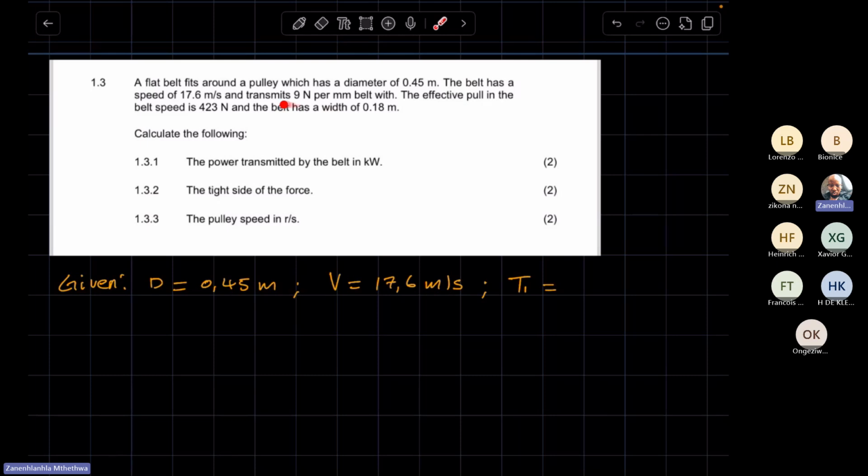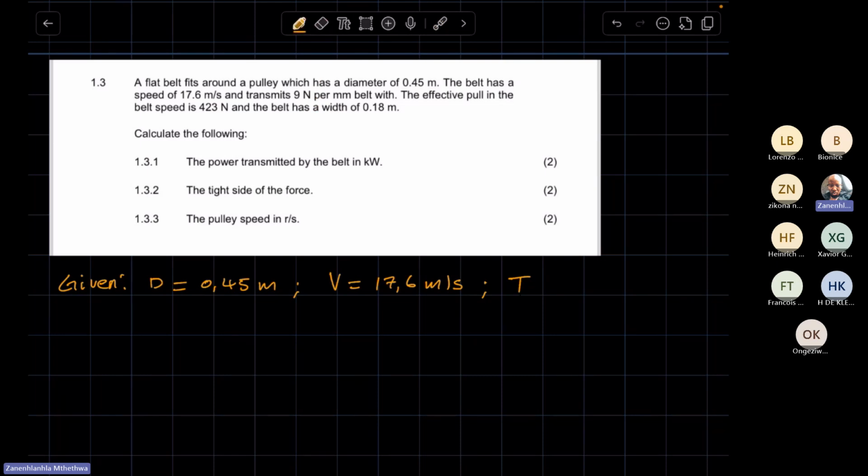But they did not. Hence, I'm saying if the tension has been given in this format, always take it as T1. This is beyond the scope of engineering science N3, but we actually call it Tmax.